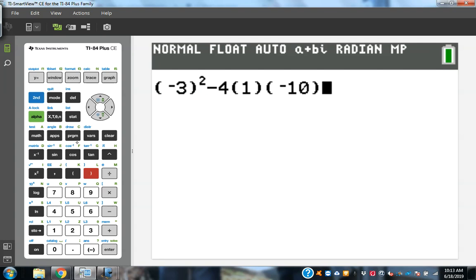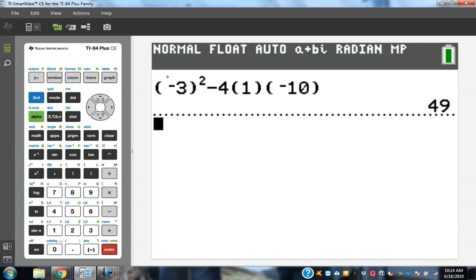If you don't, a lot of times you'll get a sign mistake happening. And when I do that, enter, I got 49, which is what I got by working it by hand there. So as far as the calculator goes, I wouldn't type in the whole quadratic formula. I would do separate pieces, like the part underneath the square root. That's what I'm doing right there.